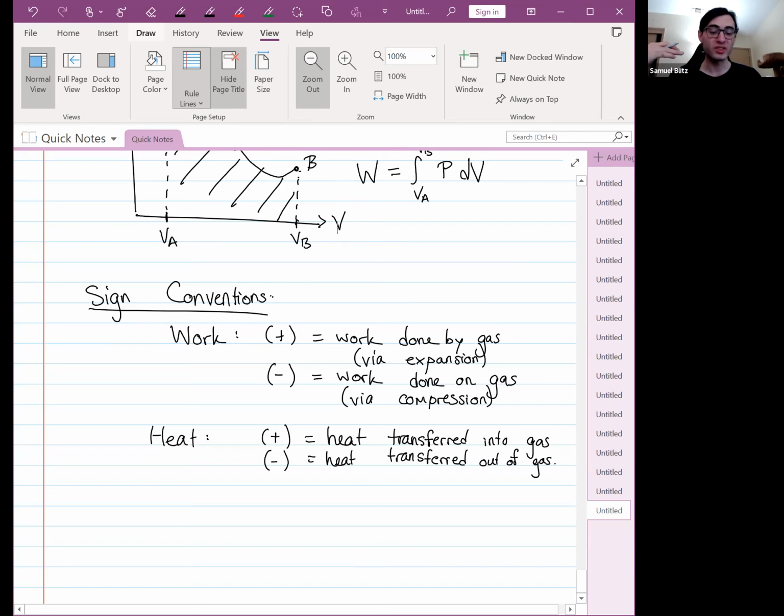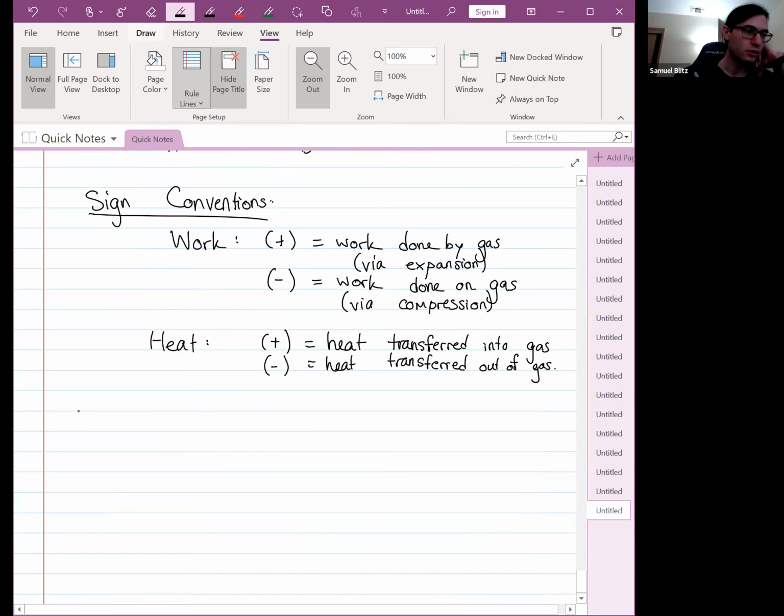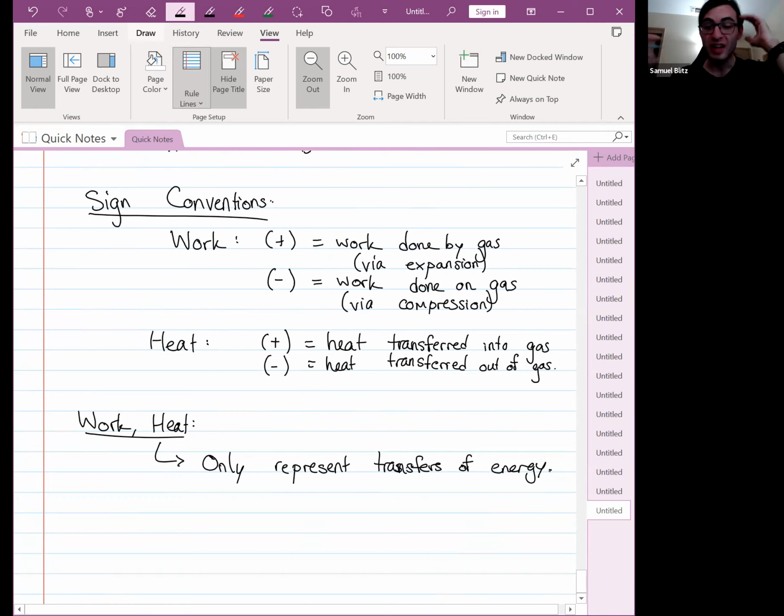Right. So we can talk about work and heat just a little bit before we continue. Just as a brief aside, we know that work and heat only represent transfers of energy, and every thermodynamic process is the result of energy either going out or going in, either via work or heat or both.